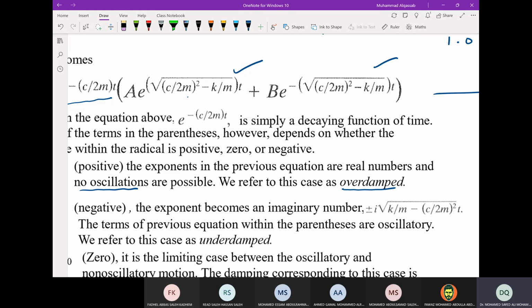So instead of having constants a and b, these will be just new constants c and d, for example.